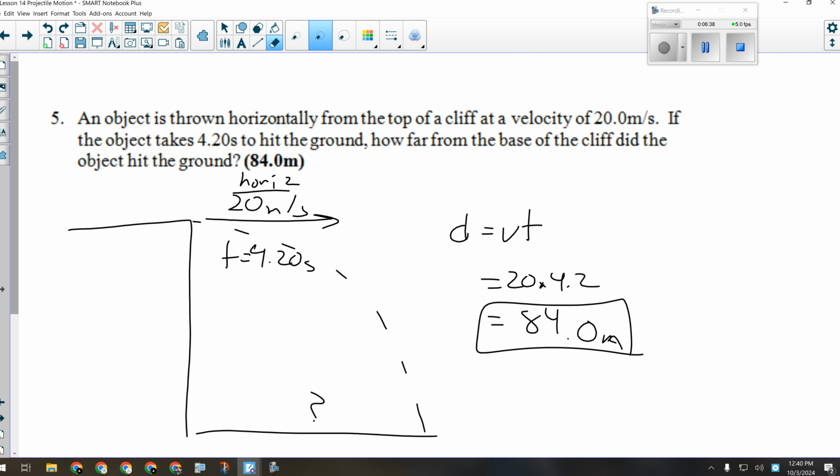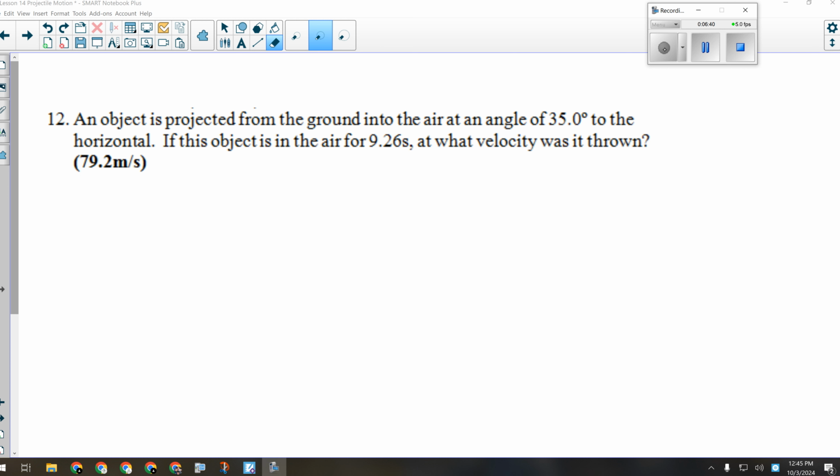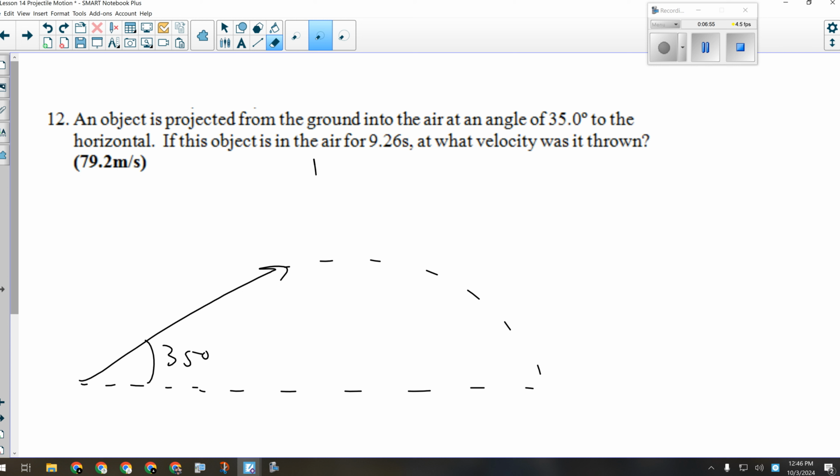at those. Okay, so on this one, we got the object, and it's on the ground. It's projected at an angle of 35 degrees. Okay, and the object is in the air for 9.26 seconds. At what velocity was it thrown?